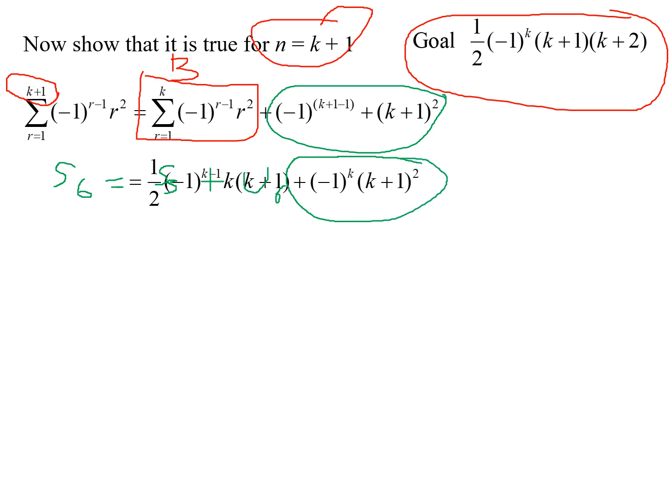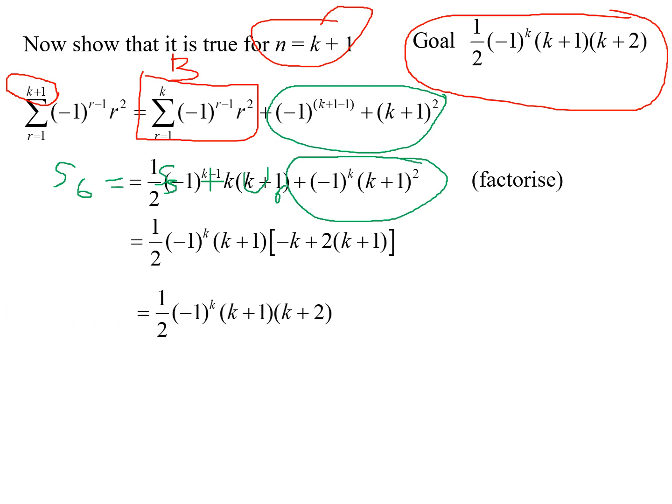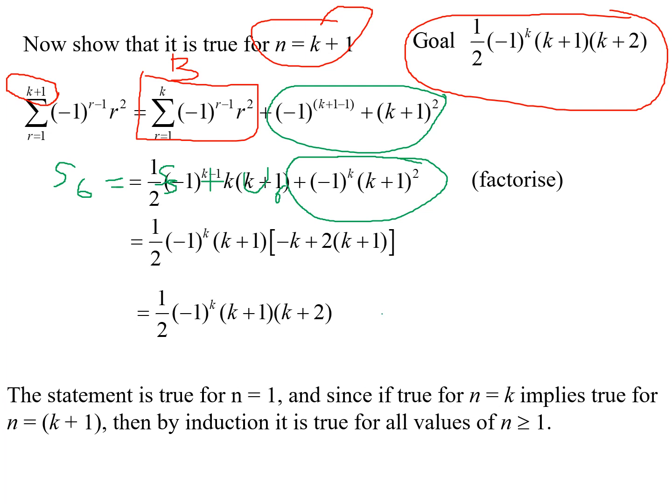Then continue your algebraic simplification. Factorize it, and bring your k plus 1 out as a common factor, and then prove that it's exactly the same as the goal. So you see over here, this is exactly the same as the goal.